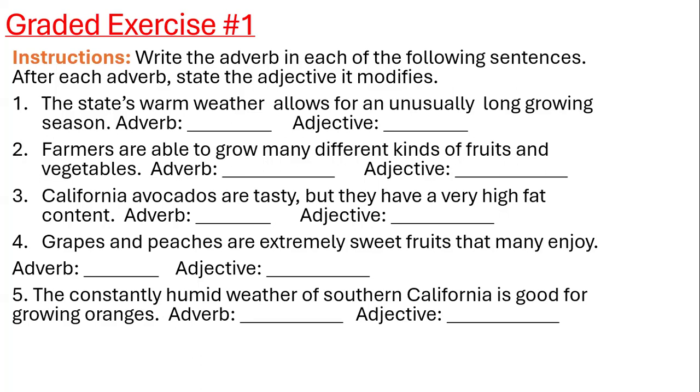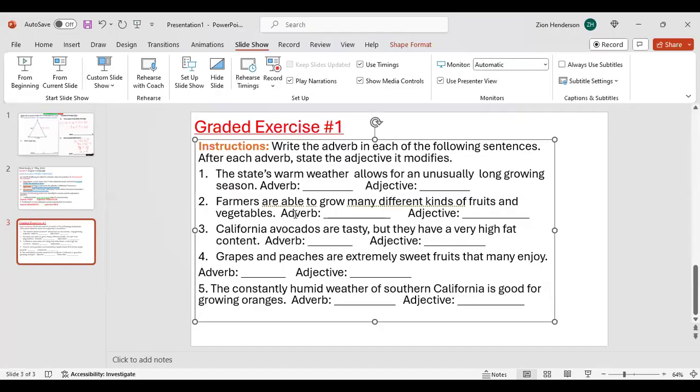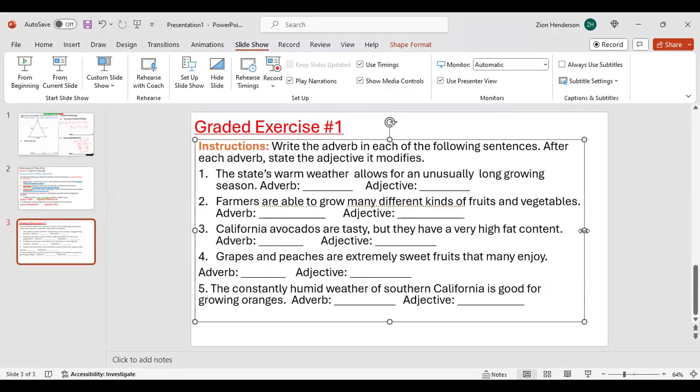The first question says, go ahead, China, read the first sentence. The state's warm weather allows for an unusually long growing season. Okay, good. What's the adverb?